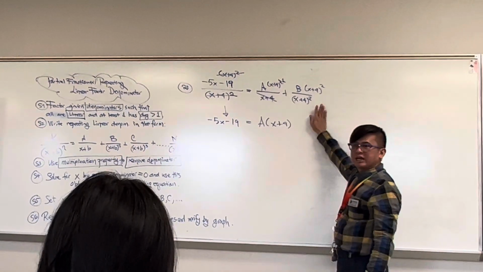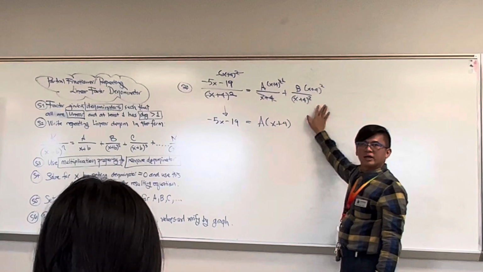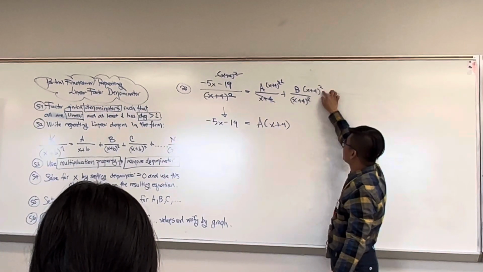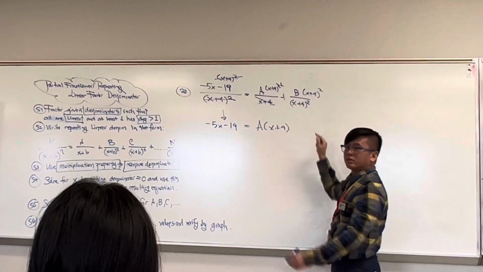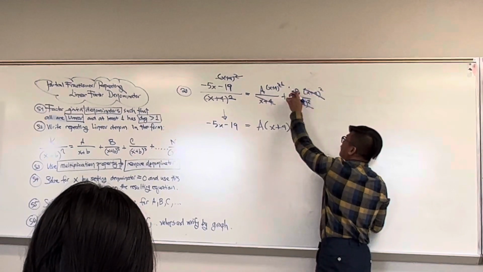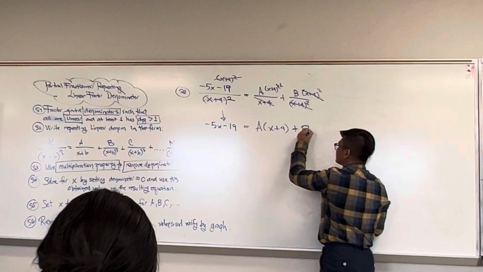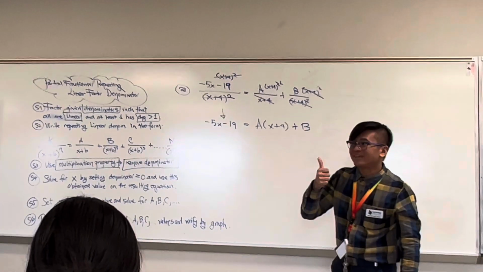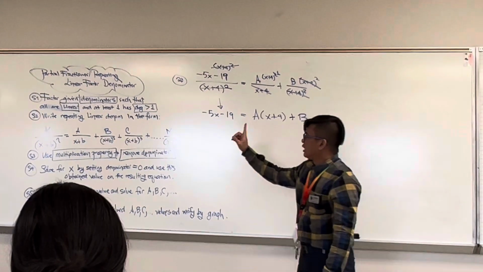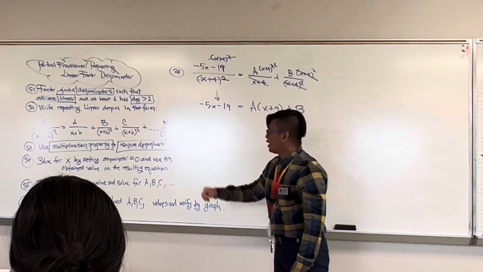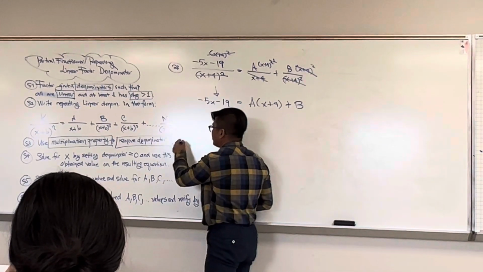And what happens to this x plus 4 squared and x plus 4 squared? They cancel out, hence what you're left with is just plus B. So we have removed the denominator.